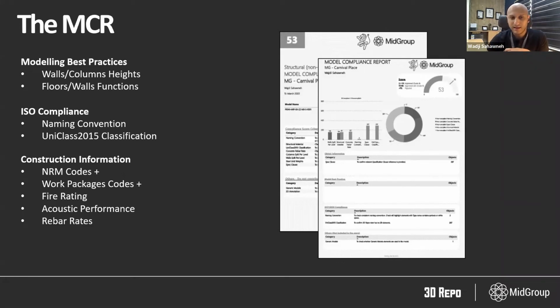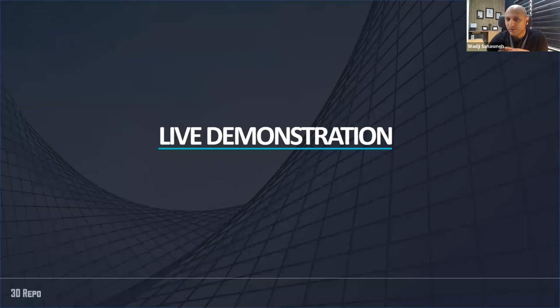And I think that would be it. So the idea of the extra collaboration with the consultants is that it opened new areas for cooperation and discussions with the consultants, like for the 2 packages or the 2 parameters or the information we asked for, which is the NRM codes and the work packages. They were not required by the consultants to add, and they don't have the full information or the full idea on how to use them in our models.